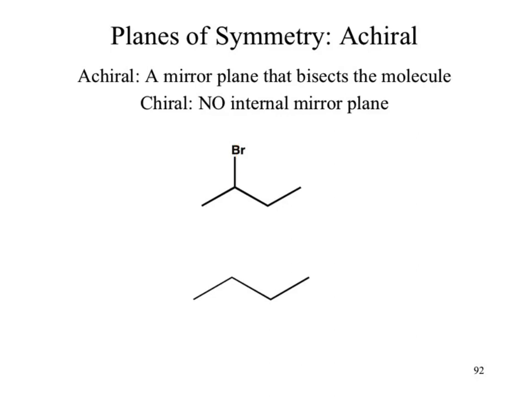Okay, well, but what if I drew the mirror plane right through the plane of the paper? Wouldn't that be an internal mirror plane? No. Why do you think it would be a mirror plane? Once you have a hydrogen going one way and a bromine going the other way?